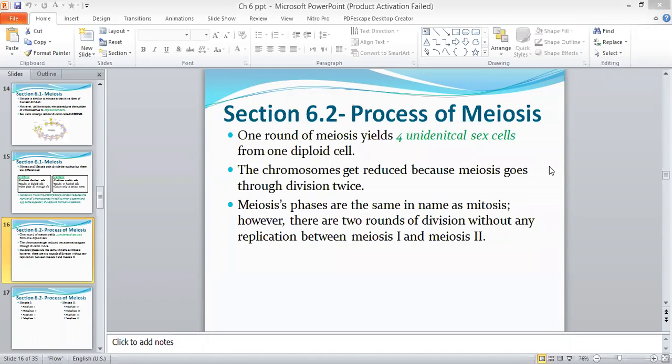Before studying the meiosis division, you must know some points like haploid cell, diploid cell, autosomes, karyotype, the difference between the sex chromosomes in male and female, and different points like this. You have studied these points in section 6.1.